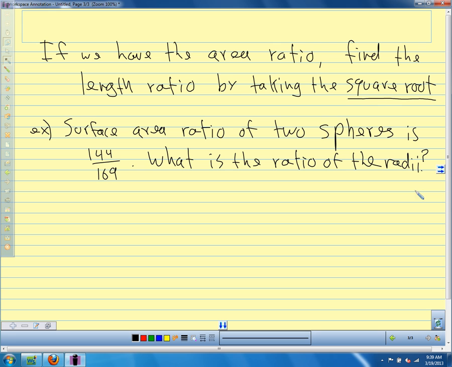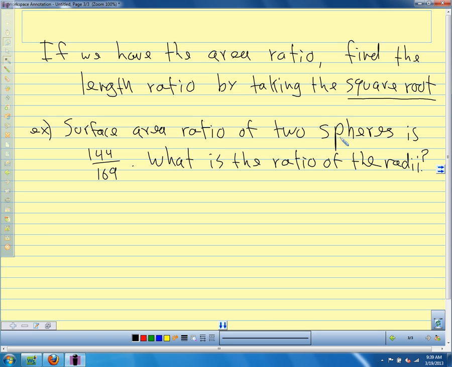Now before we do that, we need to know our shapes, two spheres, are similar. Are two spheres similar? Yep. Can spheres ever not be similar? Our everyday definition of similar was same shape, different size.